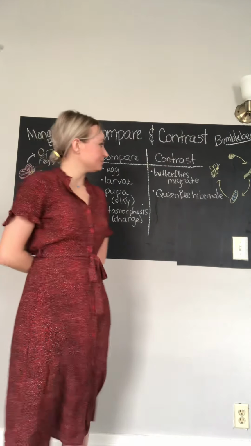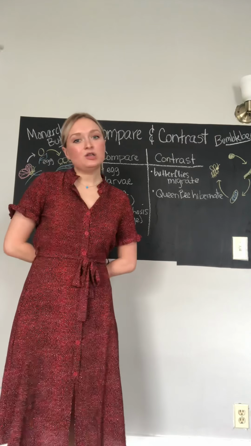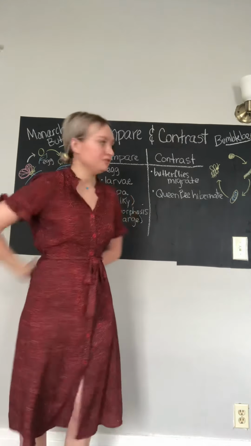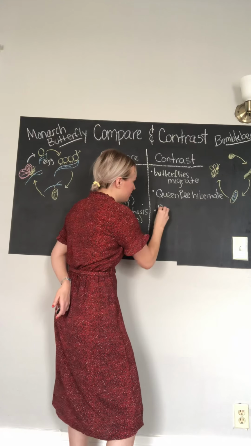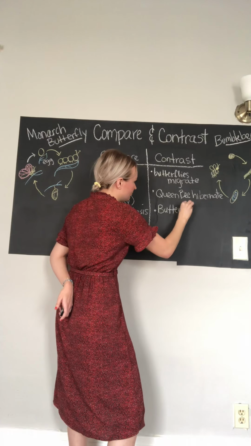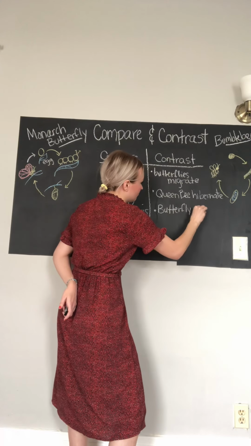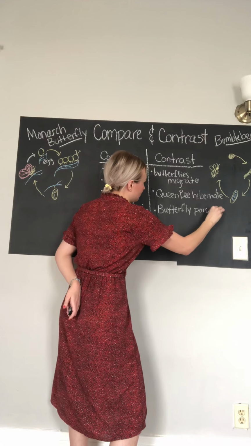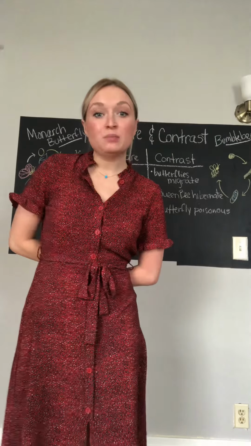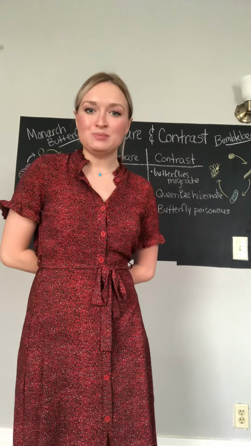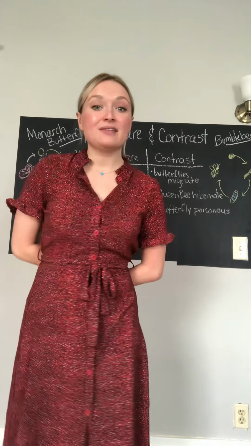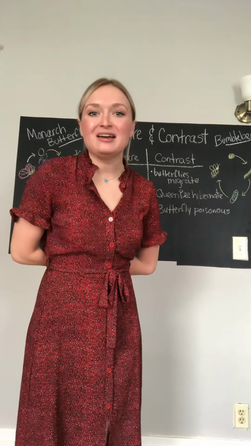All right. Now, we talked a little bit about the monarch butterfly's ability to defend itself. The monarch butterfly is poisonous. Now, we didn't discuss in detail, but the bumblebee also has a defense mechanism. The bumblebee has a unique defense mechanism, and I'm sure you've unhappily experienced it.